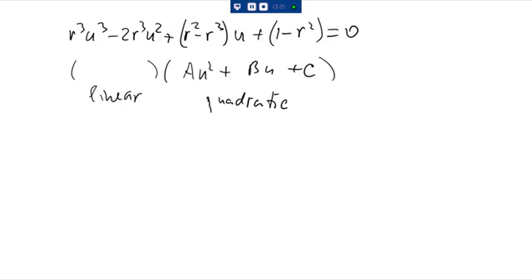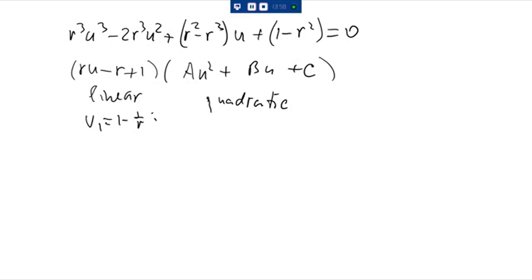But we know what the linear term is. Since u1 is 1 minus 1 over r, we can have here u minus 1 plus 1 over r. It's not quite convenient. Instead, we will multiply this by r, and we will have ru minus r plus 1.